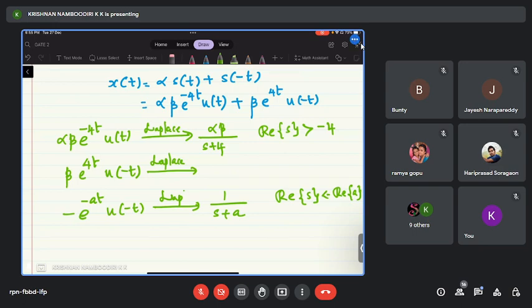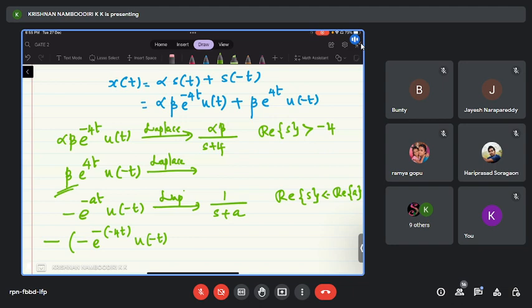Now let us forget about beta for the time being here. So e power 4t can be written as minus of minus e power minus of minus 4t u of minus t. Correct?